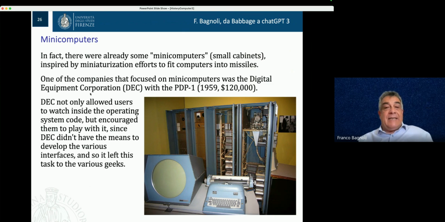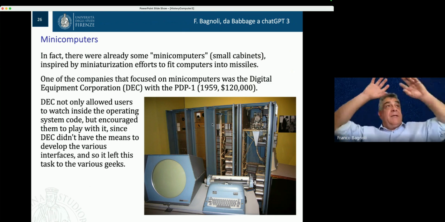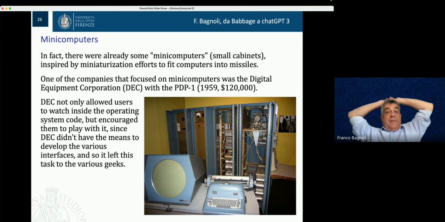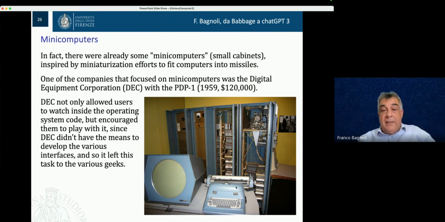On the other side, instead of the big approach of IBM, some other minicomputer enterprises appeared. Mini means that it was just small cabinets, not a whole room, but still big.